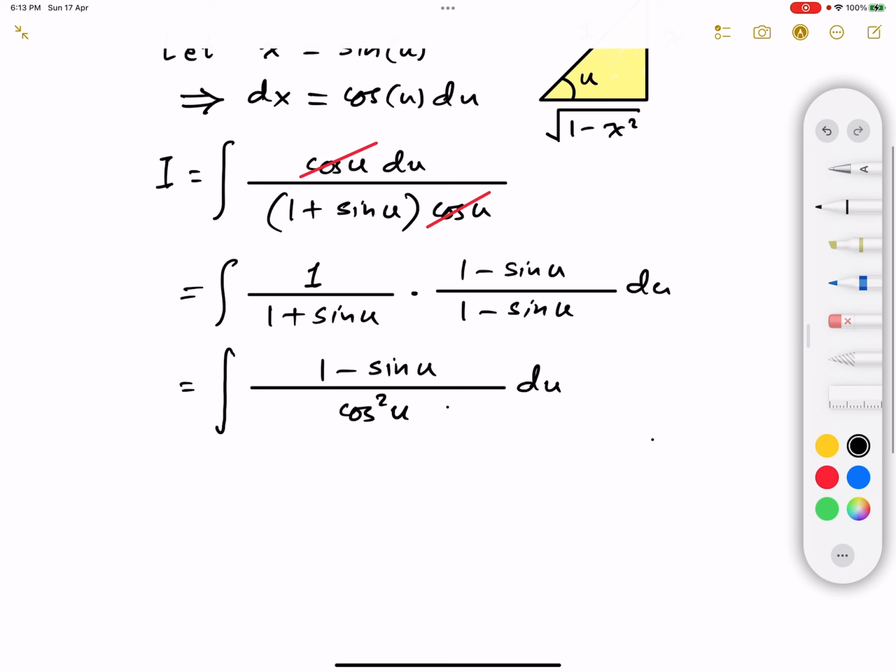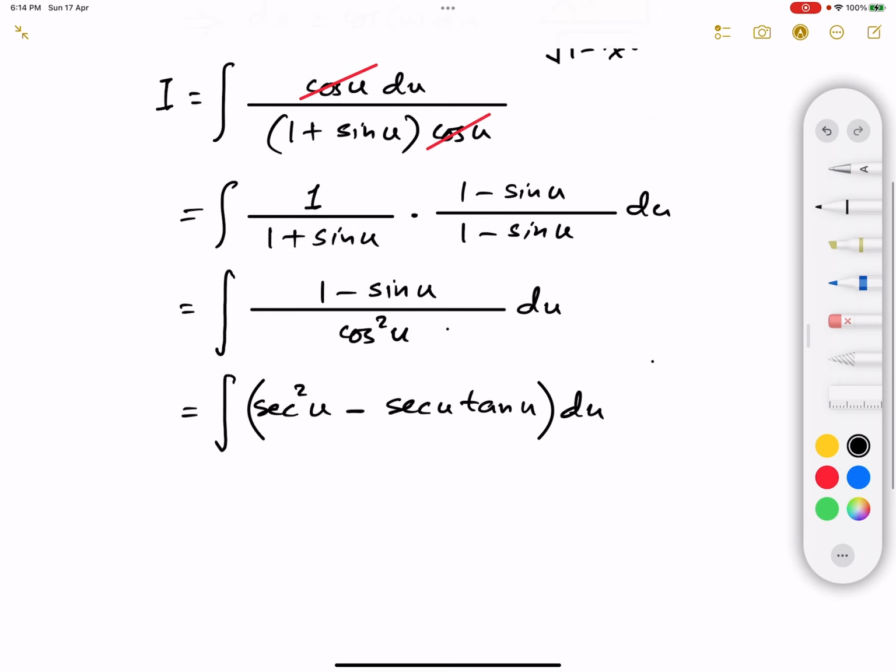Now we can choose to split the numerator over the denominator. That's going to give us 1 over cosine squared, which is secant squared of u, minus sine over cosine squared, which is sine over cosine, which is tangent, times 1 over cosine, which is secant. So we have secant u tangent u, and let's put everything between two parentheses, and of course du.